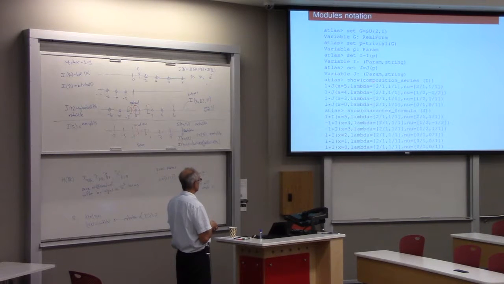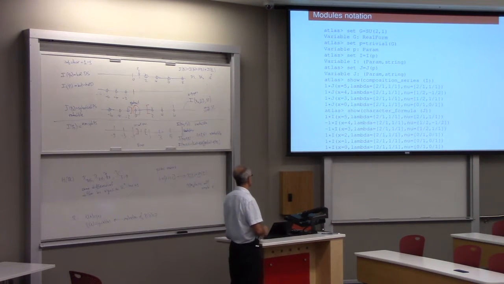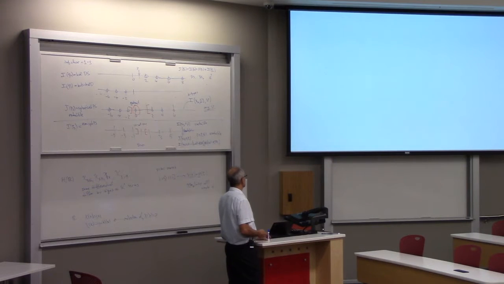So when you ask for the composition series of a standard module, it tells you that the things you're getting are irreducibles. And if you ask for the character formula of an irreducible, it tells you that the things you're getting are standards. And if you ask for the composition series of J, rather than printing out something, it would give you an error, saying that's not what you mean, instead of giving the wrong answer. So I'm not sure whether I'm going to use this notation more systematically or not. Thank you.